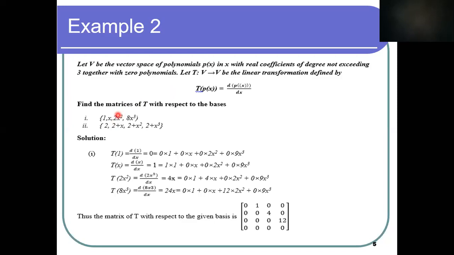Dear student, I take these four polynomials, and I have to find the matrix of transformation with respect to these four basis elements.